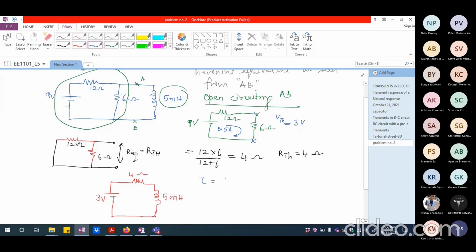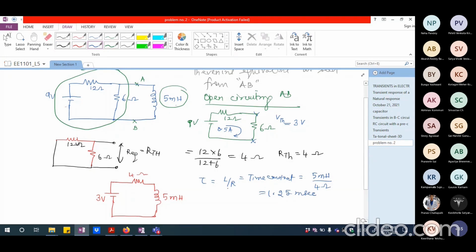So tau is going to be L by R, which is going to be the time constant. So I'm going to have this as 5 millihenry divided by 4 ohm, which is going to be 1.25 millisecond. Right? This is going to be the tau value. Is that clear? Okay.